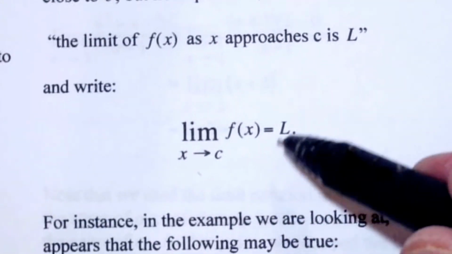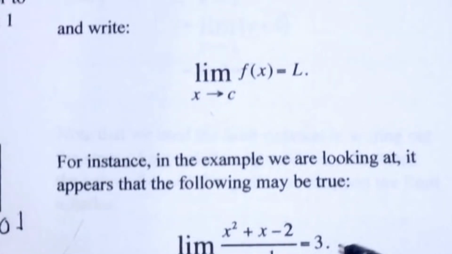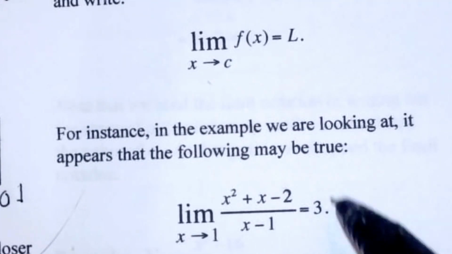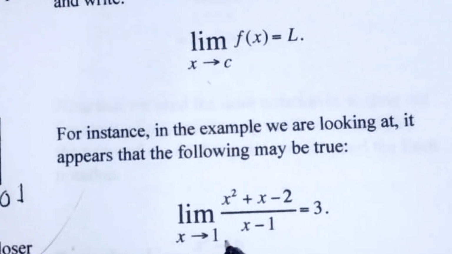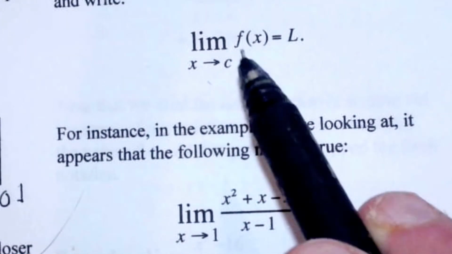So the L is the general name for the limit. That's what the value of 3 was. X is approaching 1, we usually call that number c.